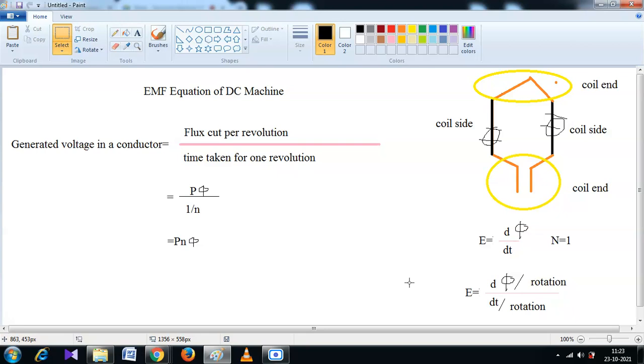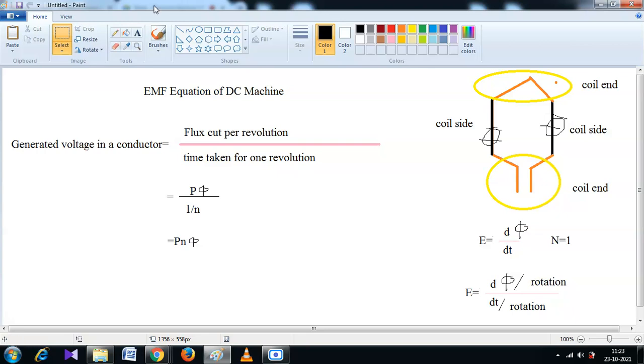What is the expression of that? P phi n, sir. How will it come? It will come from the equation E is equal to d phi by dt. We write it as flux cut per revolution by time taken for one revolution. The total flux is P phi, and the time taken for one revolution is 1 by n. After simplifying, we get P phi n, the voltage produced in a conductor.